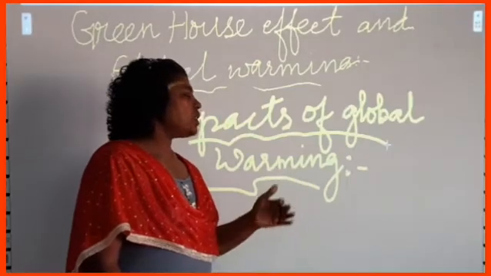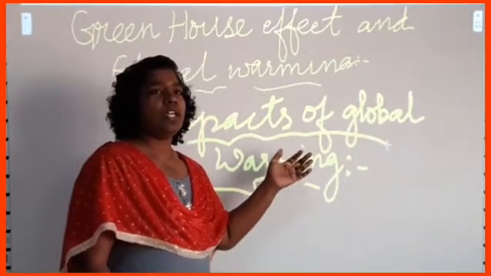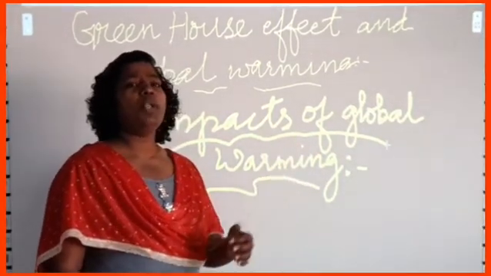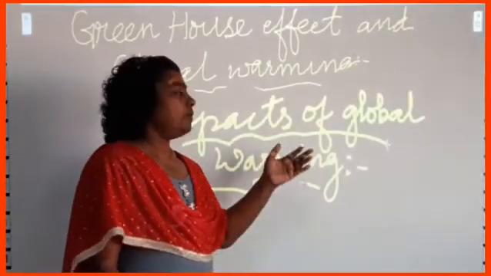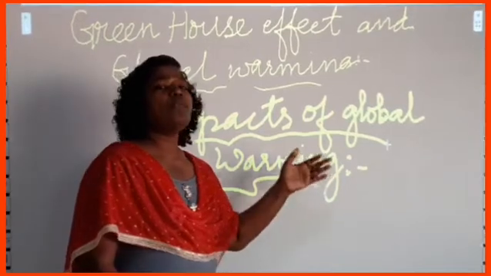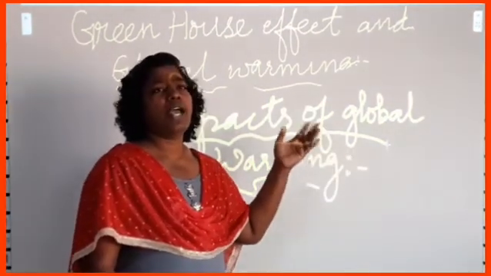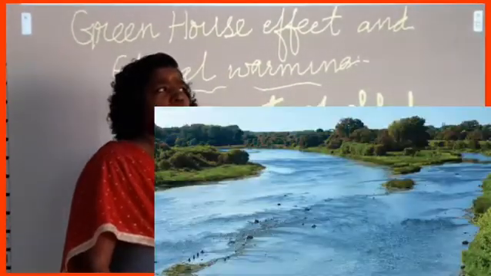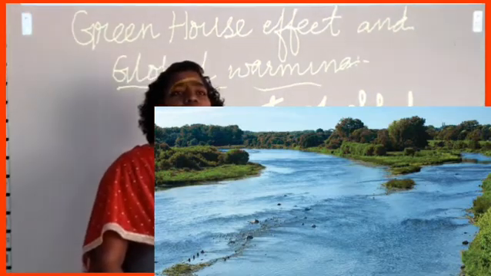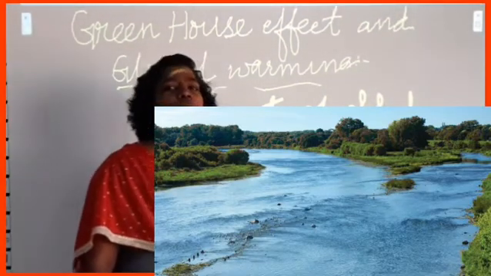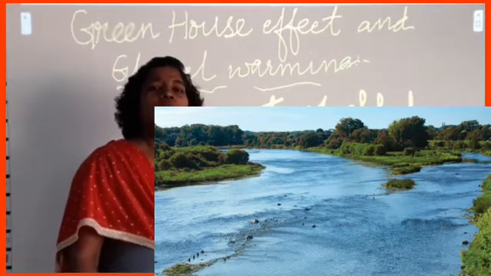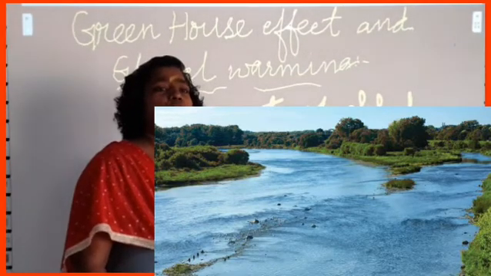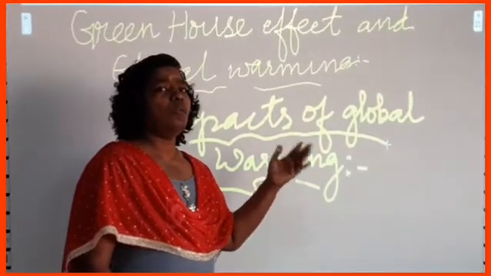And the next thing: when we see global warming, the climate change also affects the melting of ice cubes, icebergs. Especially in the North Polar region and the South Polar region, the Arctic region and the Antarctic region, there will be frozen ice always.